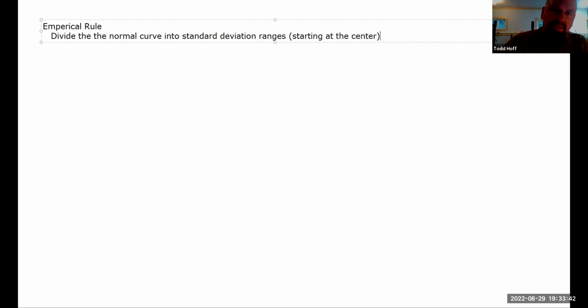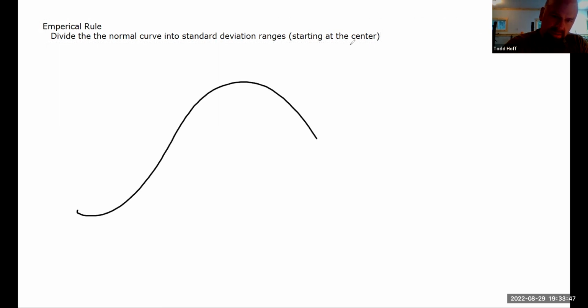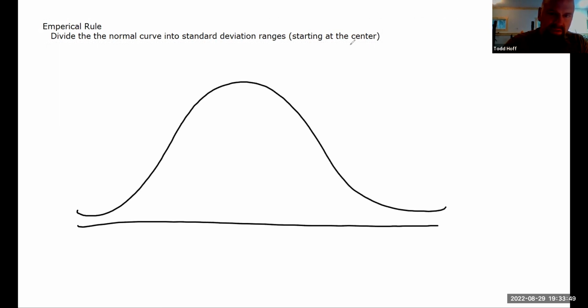So what does that mean? So here's our curve. We start at the center of the curve right here. How do we define the center? Well, the mean or the median. We tend to use the mean when we're calculating.